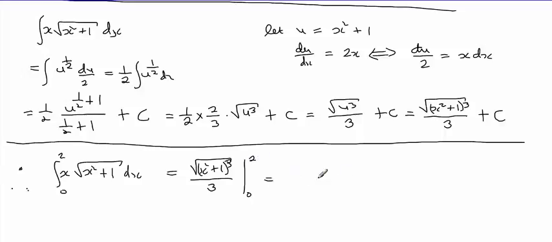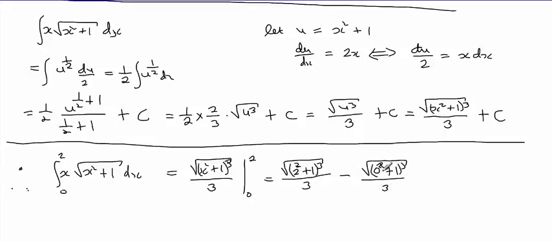Then simplifying, evaluating there, we'll get square root of 2 squared plus 1, all to the power 3, minus the square root of 0 squared plus 1, all to the power 3, all over 3.